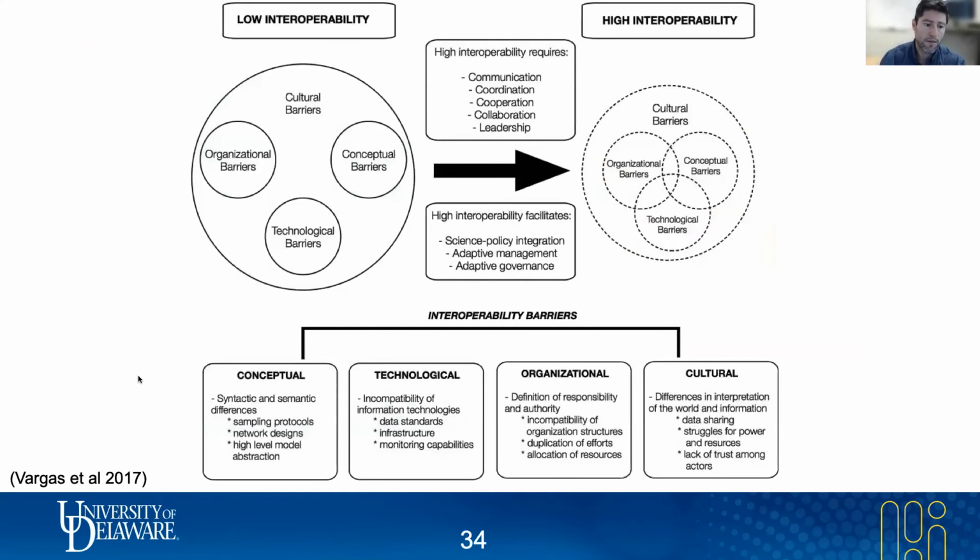The conceptual barrier is what the network design is going to be, and what the sampling protocols are. This is something I think this community can think about: what do we really need to measure, and how are we going to do that from a conceptual approach? The second one is a technological barrier, which is how we are going to do it, and which techniques we are going to apply to measure and get the results that we need for moving forward.